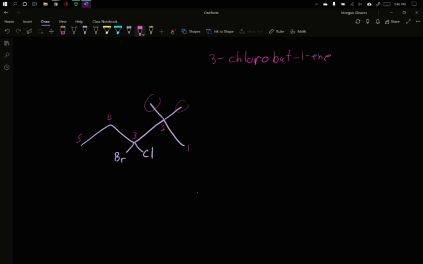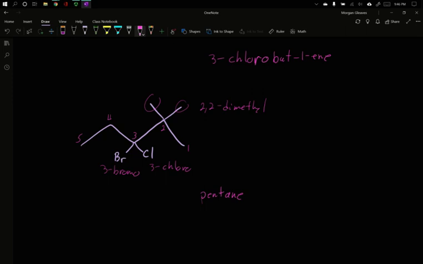It's 5 long, so it is a pent. And they are all single bonded carbons, so it is a pentane. I have 2,2-dimethyl. I have a 3-chloro. And I have a 3-bromo.